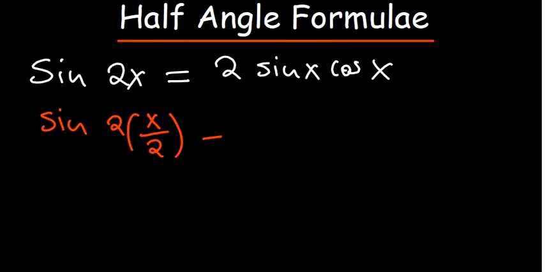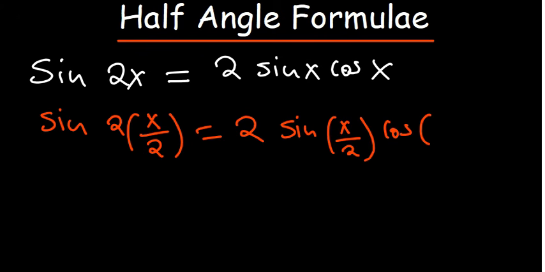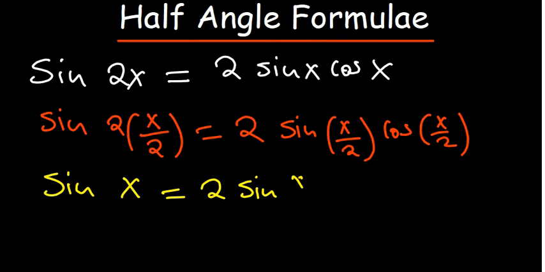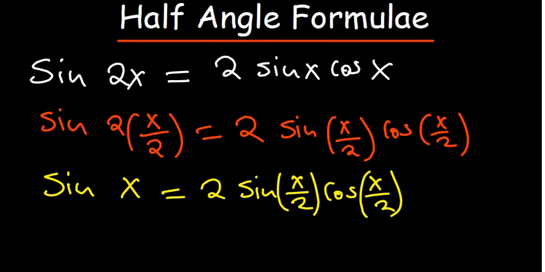We get sine of x is equal to 2 sine x over 2 cosine x over 2. What are we observing? Since we have 2x there, it is x and x, so if you put x there it will be half of x, half of x. That's what it means.